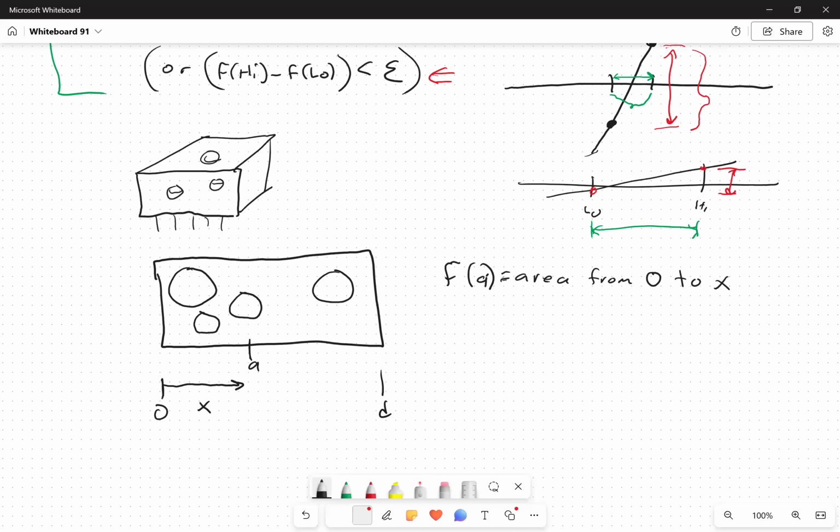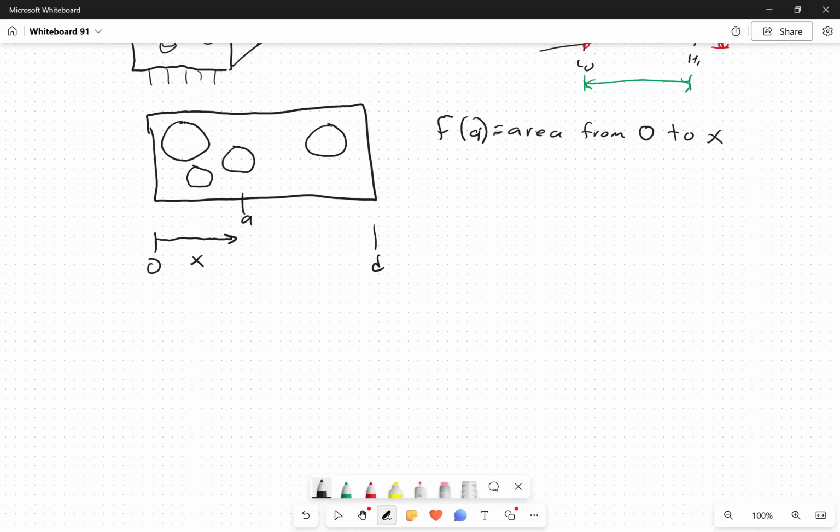So how do I get the area from 0 to a? I would have to create some function here, something like the function f, and I pass in some double a, and I'm going to return a double for it. And so what would I do here? I would take the volume from 0 to a. So let's call this distance here h.